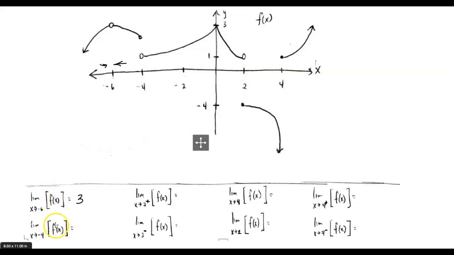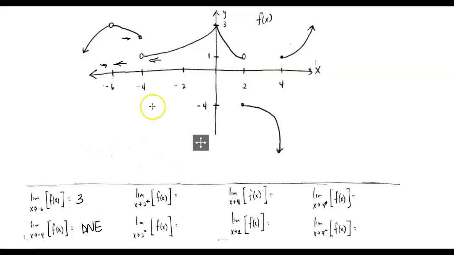Next, we'll find out the behavior of this function as x approaches -4 from both the left and the right. And you see here, since the limit coming from the left does not approach the same y values as it does from the right of x equals -4, this would be a does not exist case.